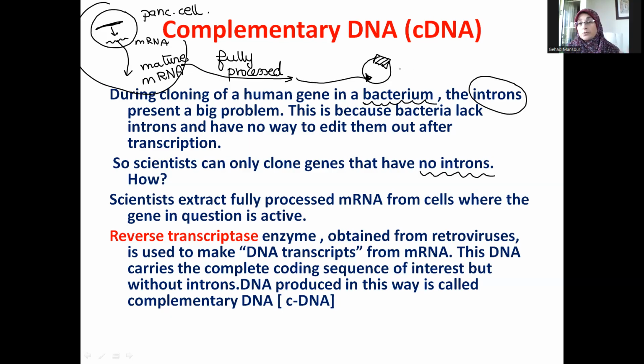And since the genetic code is universal, and since the messenger RNA contains only exons, therefore all the codons on the messenger RNA will be translated inside the bacterium into amino acids, and the bacteria will act as a factory for producing the polypeptide chains of insulin. Okay.